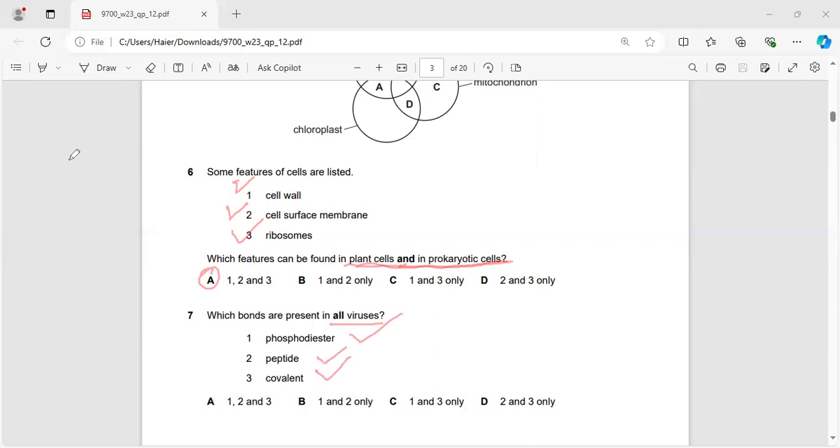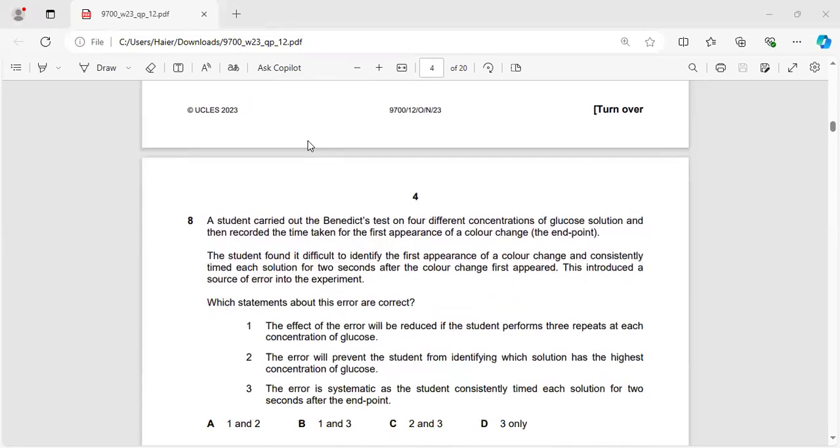In this case, all three types of bonds are present in all viruses. So question number 7 has the correct option A. Students, these are different types of bonds.